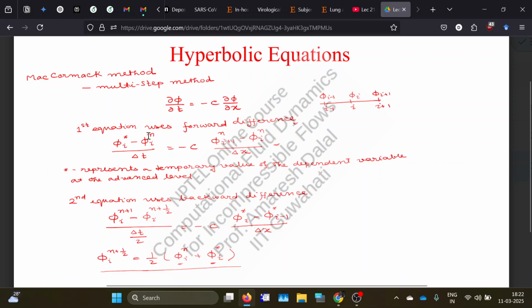I'm using all the known values at n to find out what the values could be at n plus 1. I'm calling that an intermediate or predicted value. This is exactly similar to what you would do in forward difference.